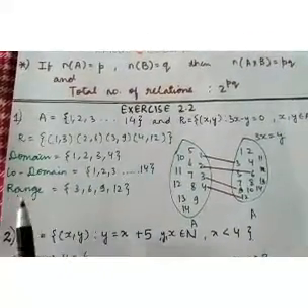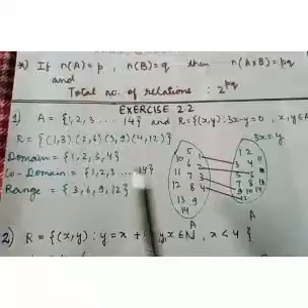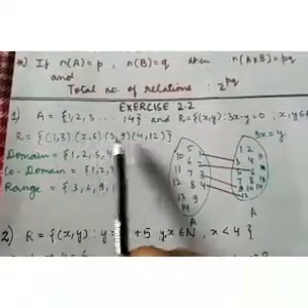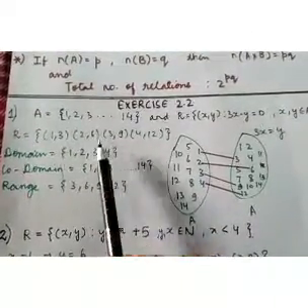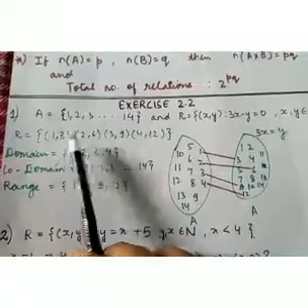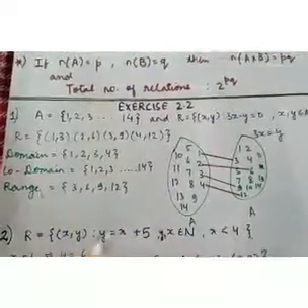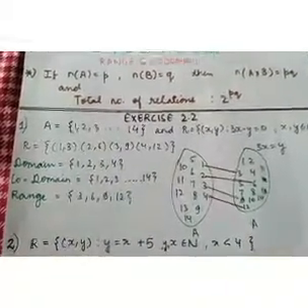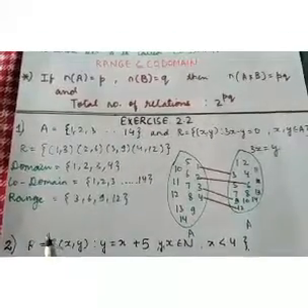Now what is range? Range is the set of second elements in the ordered pairs. Therefore range will have the elements 3, 6, 9 and 12. I hope this is clear to you, what is domain, codomain and range.